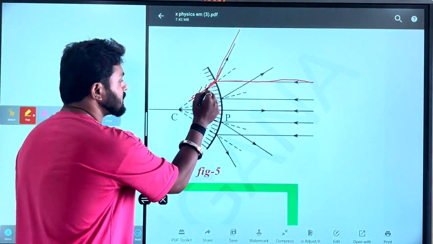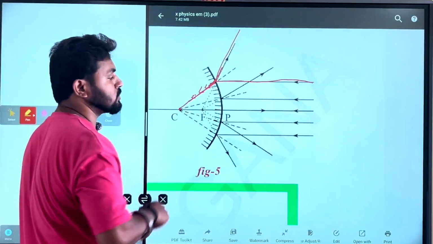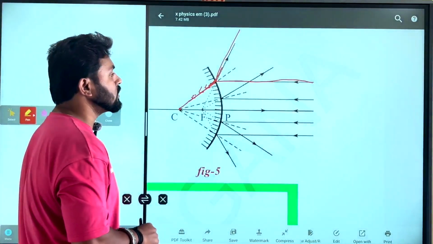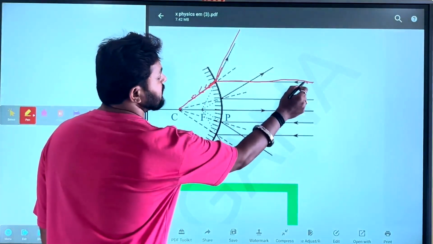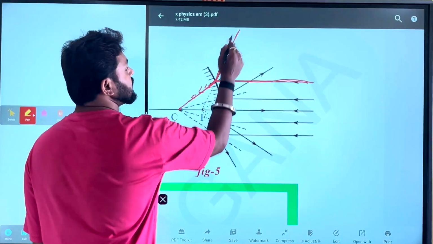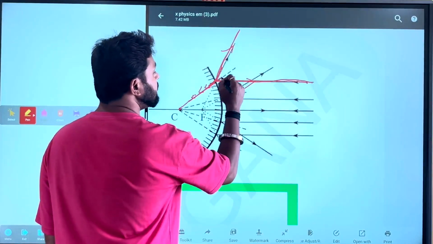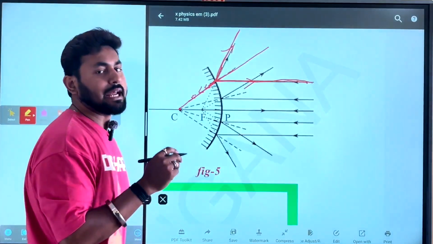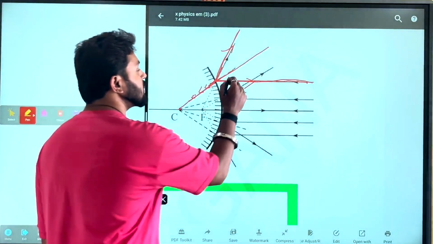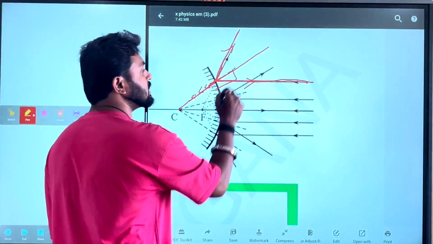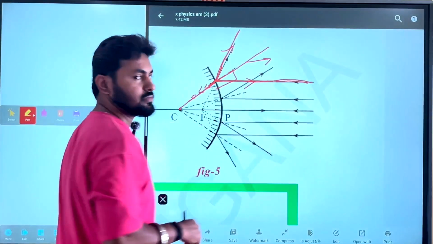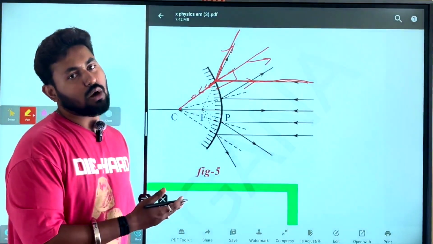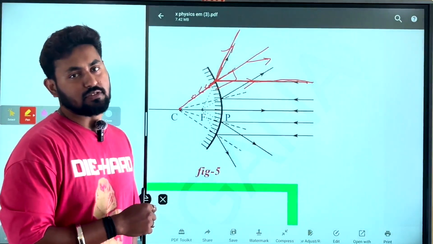This is the normal ray that is coming and coinciding over here. This is the incident ray, this is the reflected ray. In between, if we take a 90 degree and draw it, this is giving 90 degree. This is normal, which you have already learnt in previous classes.